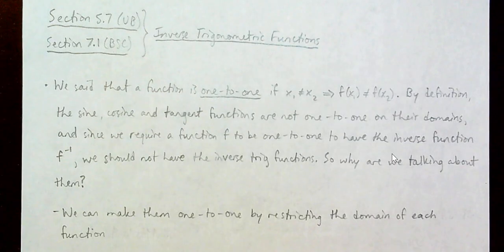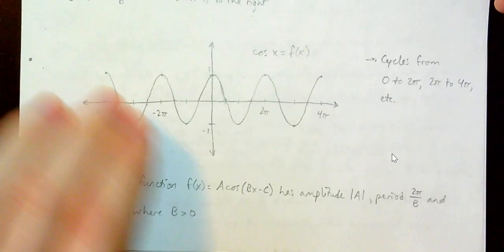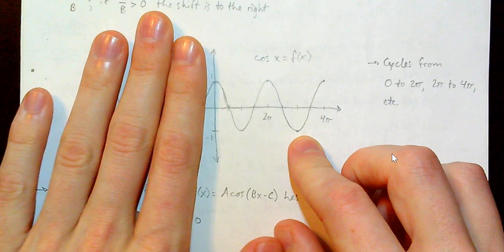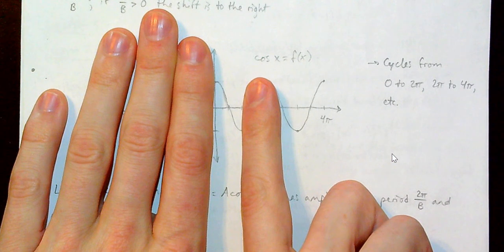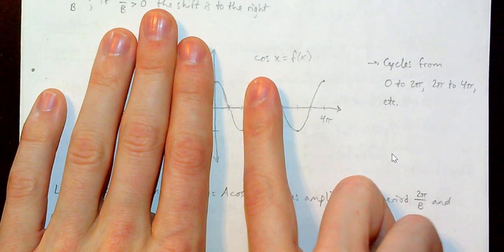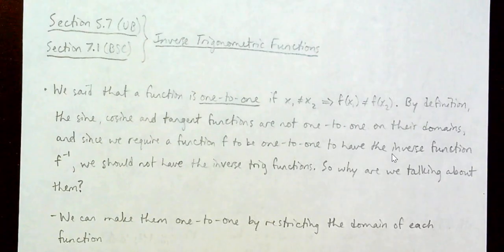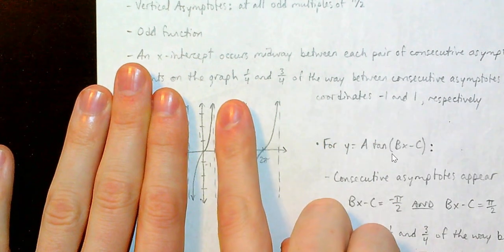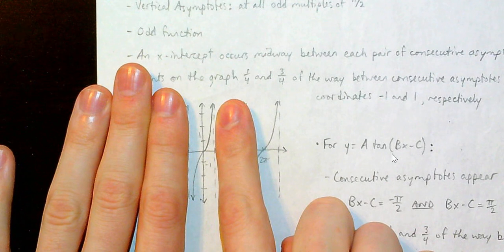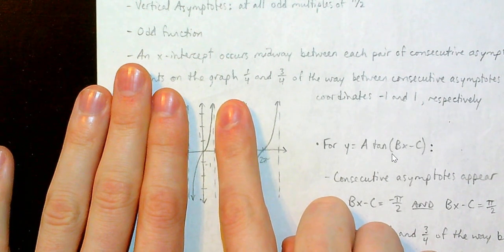For the cosine function, if I restrict my domain to be x's between 0 and pi, then that's one-to-one, and we have the inverse there. And then for tangent, if we restrict the domain to be anything strictly between minus pi over 2 and positive pi over 2, then we get something that is one-to-one.